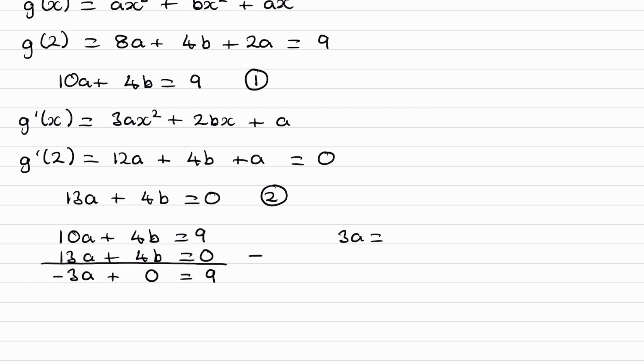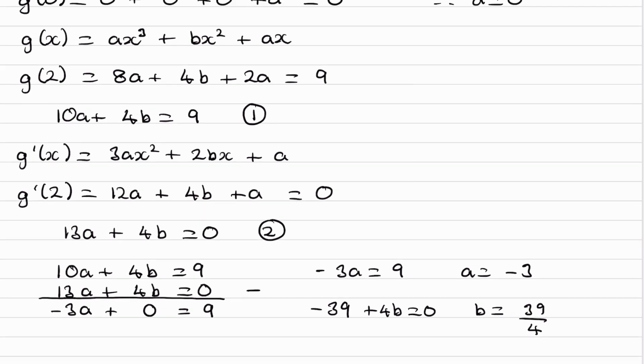So minus 3a is 9, and a is therefore minus 3. I can put that back into one of these equations. So I'll put that back into equation 2. So for equation 2 I end up with minus 39, that's 13 times a, 13 times minus 3, plus 4b is 0, and then rearranging this for b, we'd end up with 39 over 4.